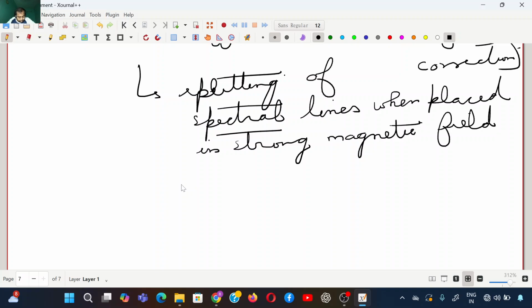The background absorption is not affected by the magnetic field, but the atomic absorption lines from the analyte do split.